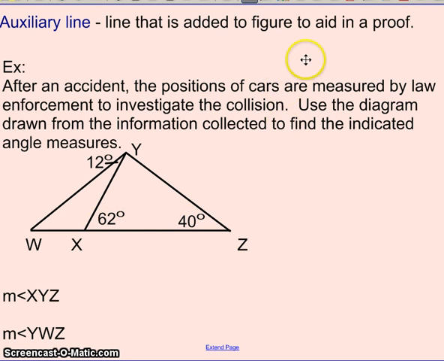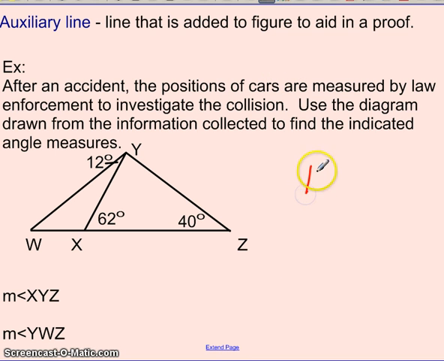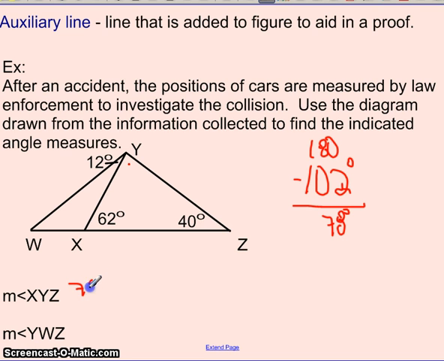If we add those 2 together real quick, we'll have 102. Well, if there's 180 degrees in a triangle, then we can take that 180 degrees and subtract the 102 that we've already used, and it looks like we're going to have 78 degrees left over for this angle right up here. So that's 78 degrees.